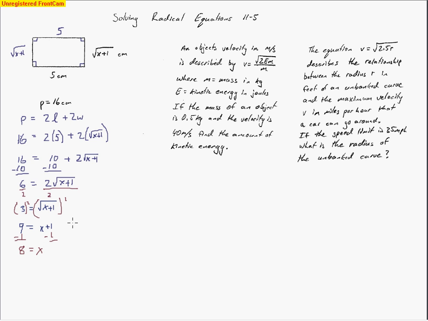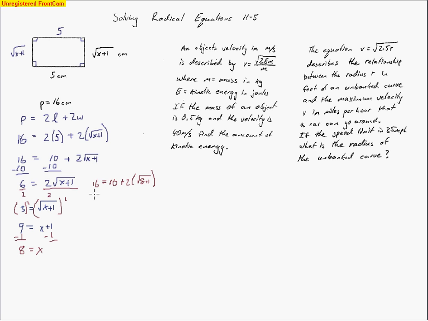So I'm going to substitute that 8 back into our equation up here. I've got 8 in for the x right here. So I'll say 16 equals 2 times 5, which I know is 10, plus 2 times the square root of 8 plus 1.